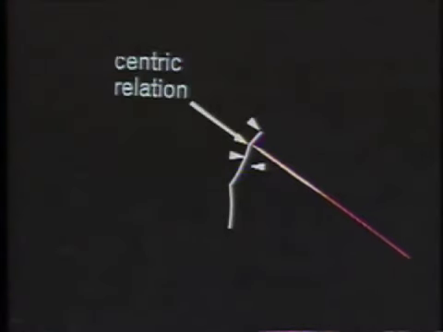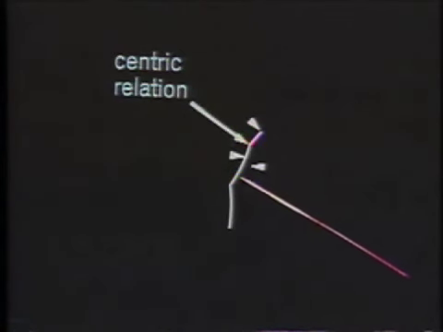The most superior limit of this is when the teeth come into contact at this position, and this we have termed centric relation. Centric relation is the position where the teeth contact on a closure along the hinge movement.